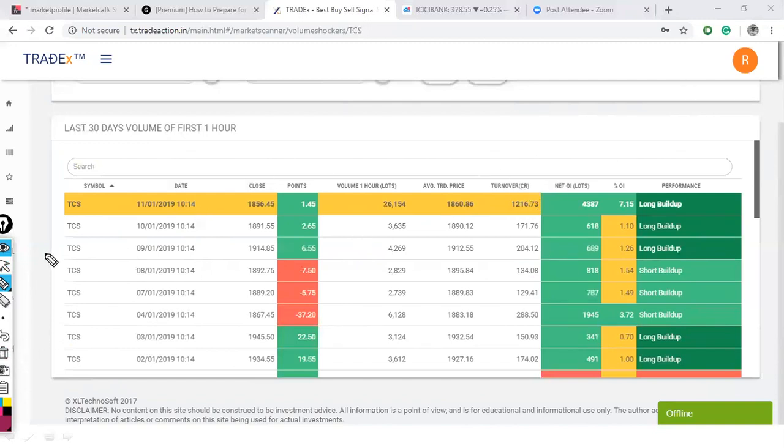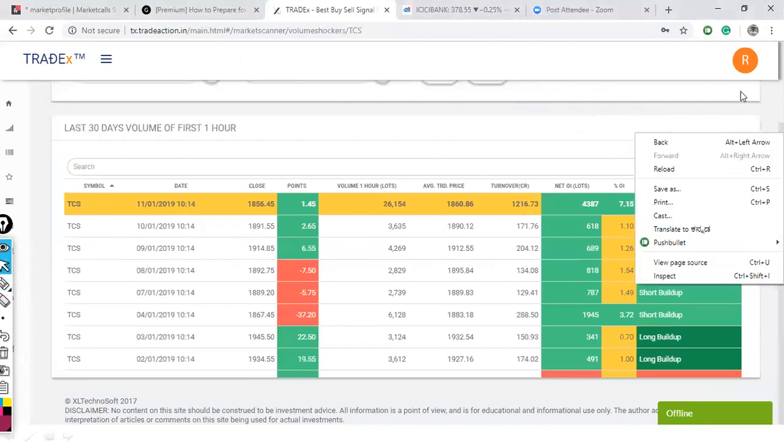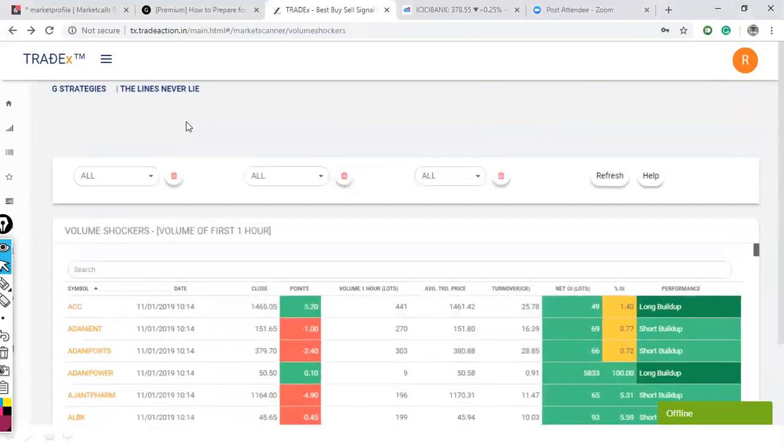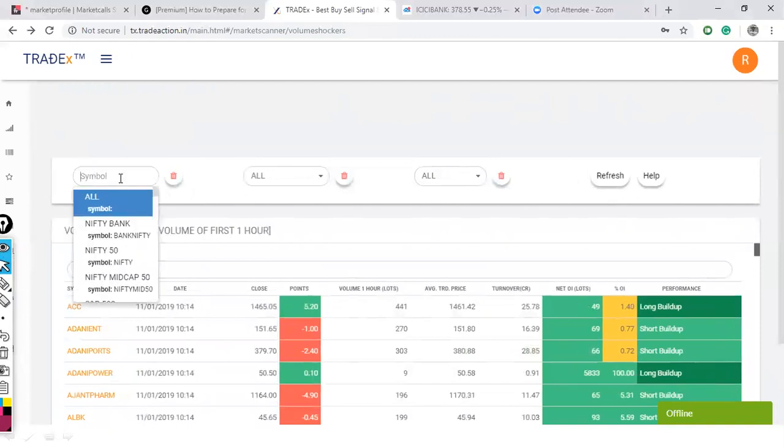Let's look into Nifty volume. I have to look back possibly. Volume shockers, and then I'll pull up Nifty.